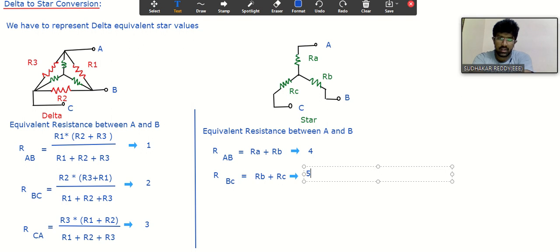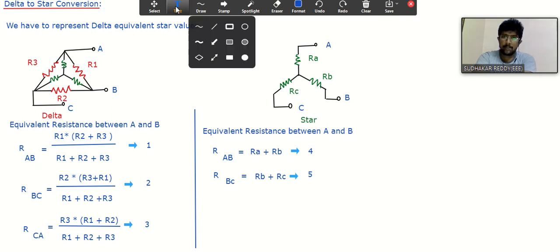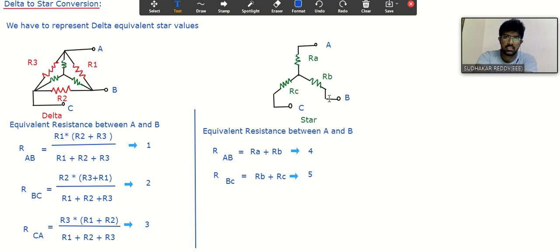We are just finding the equivalent resistance between the 2 points for delta and for star. This is an equivalent star, right? We will see what it means exactly. So BC is completed, now CA.